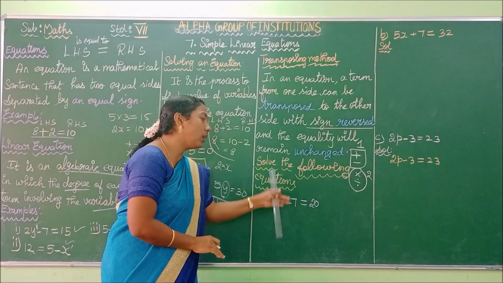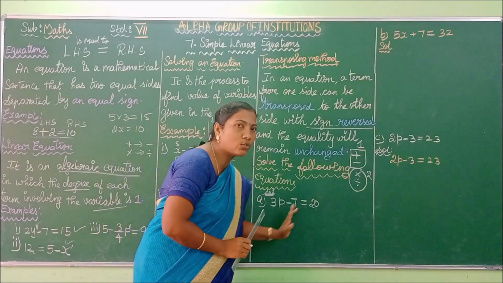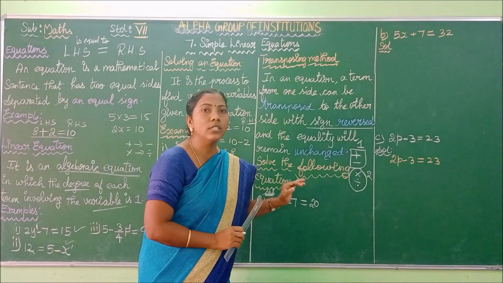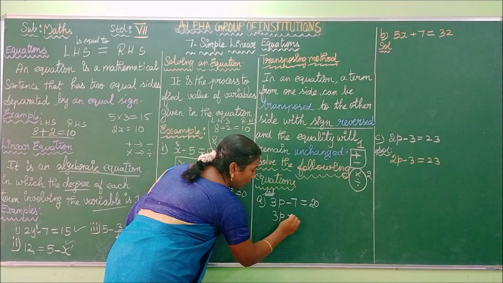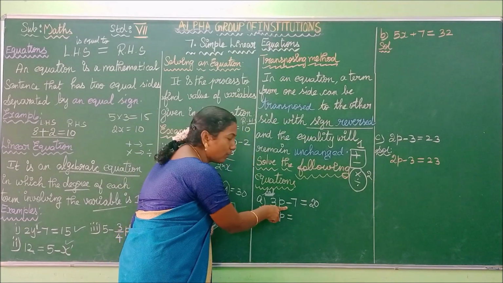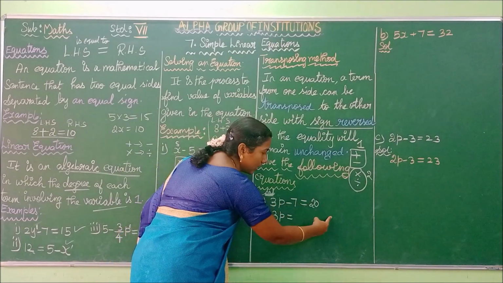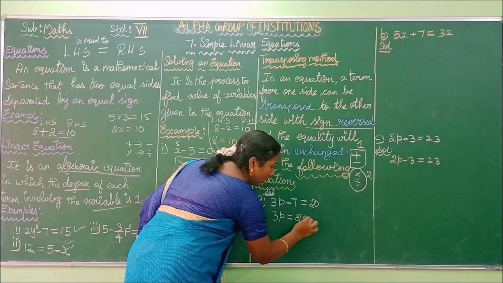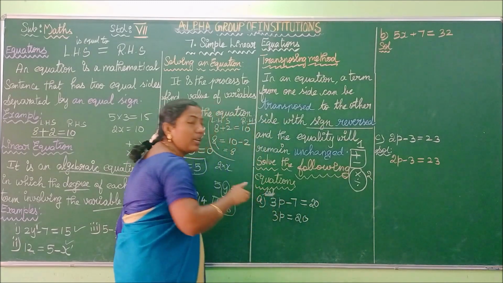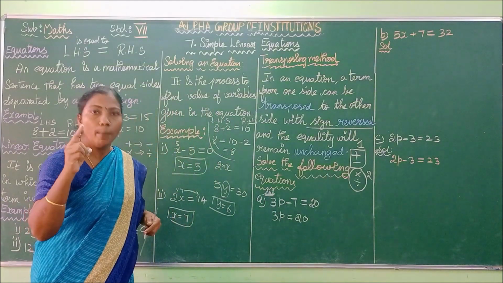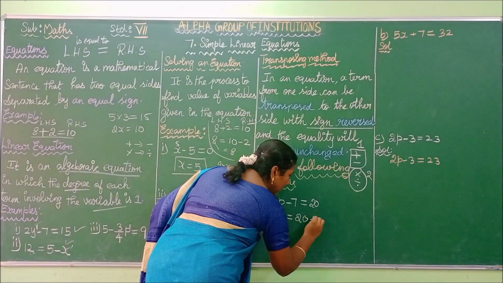While you transfer the term from LHS to RHS, you have to reverse the sign. So 3p. Now we are going to transpose the 7 from LHS to RHS. So 20. Now the minus 7 is going to that side, so its sign should be reversed. So minus became plus. So plus 7.